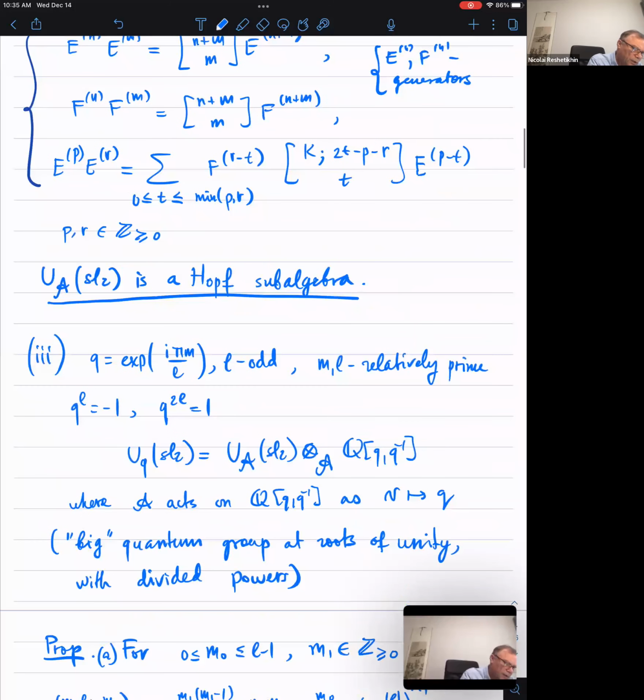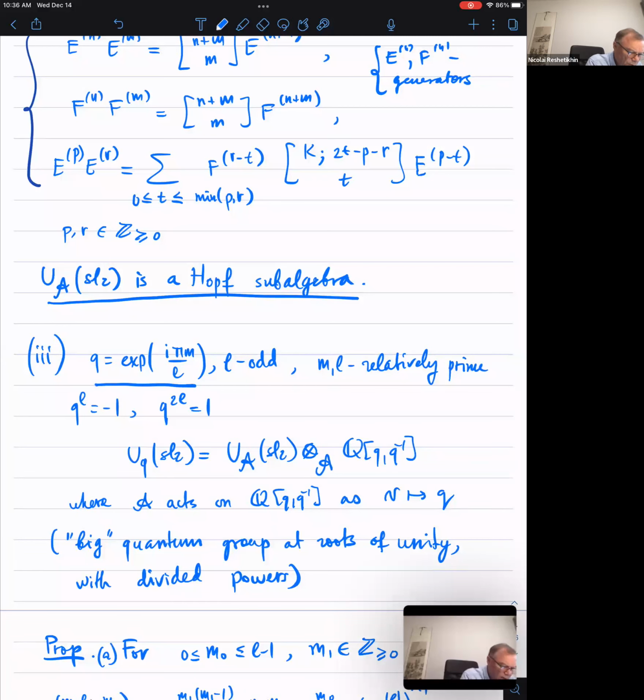So, let's choose q to be this 2l-th root of unity. So we assume that l is odd, otherwise there is a technical complication, which is not serious, but just easier to deal with odd numbers here. So I assume that m and l are relatively prime.